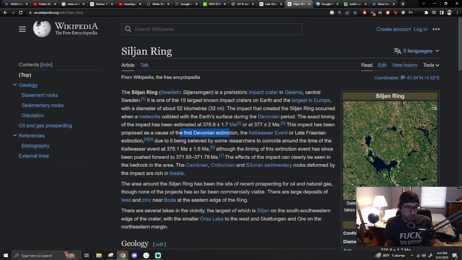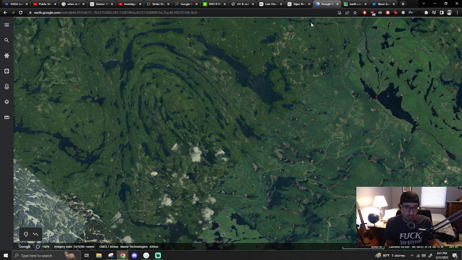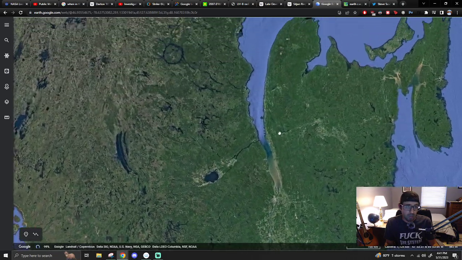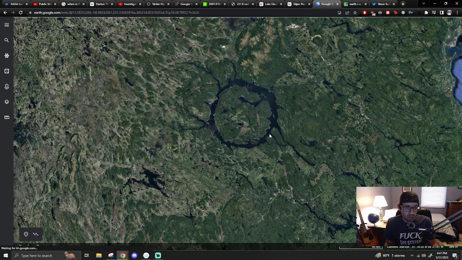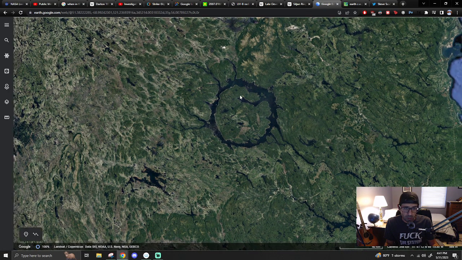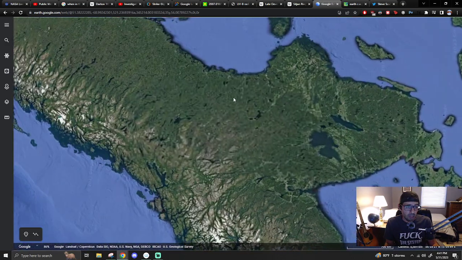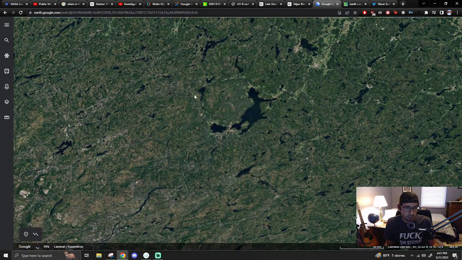this impact has been proposed as a cause of the first Devonian extinction, the Siljan Ring, which is similar to this one over here, where it's got this structure, but it's got more to it going on. But it's not here, it's all the way over here, where it's got the structure, but it's got this offshoot this way. It's got this offshoot this way that goes kind of like there.